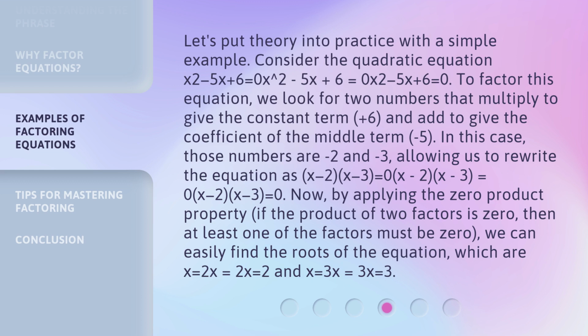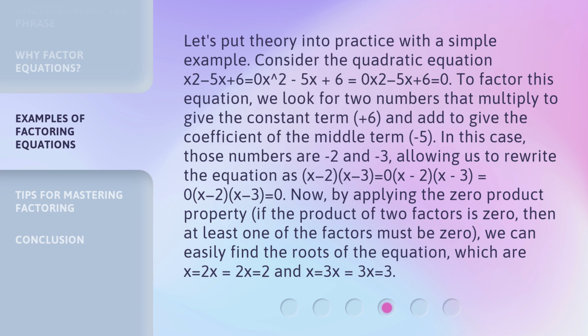In this case, those numbers are minus 2 and minus 3, allowing us to rewrite the equation as (x minus 2)(x minus 3) equals 0.